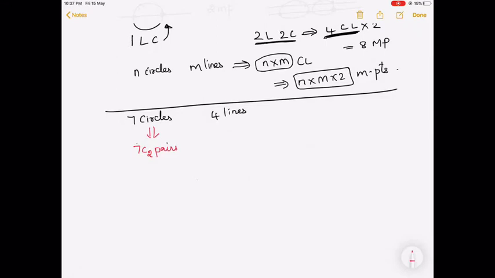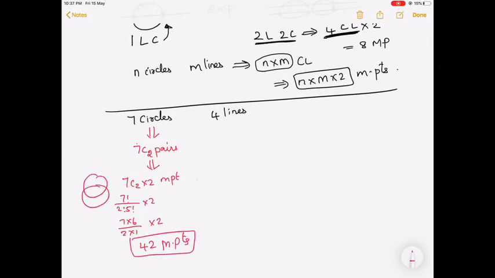For each pair there will be 2 intersection points, so 7C2 into 2 meeting points will be there for 7 circles. 7C2 is 7 factorial by 2 factorial into 5 factorial, into 2, which is given by 7 into 6 by 2 into 1, into 2, which is 42 meeting points. This is amongst circles.